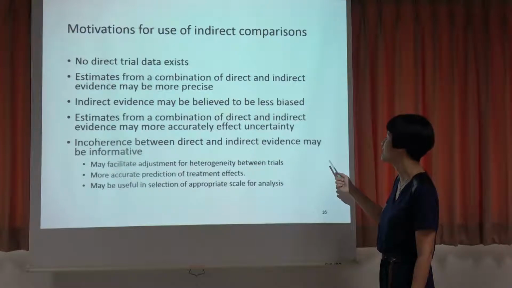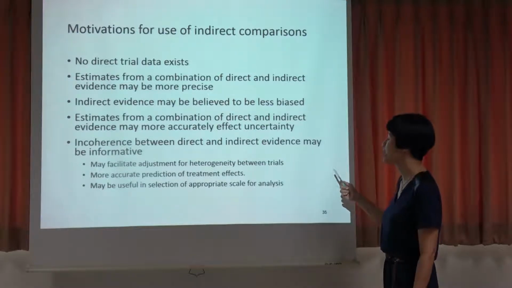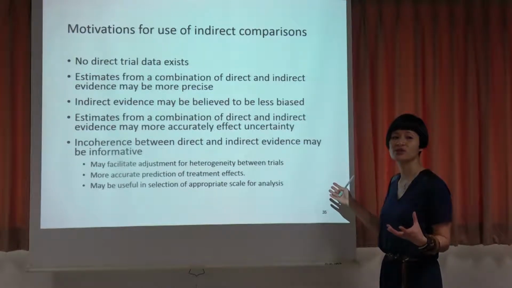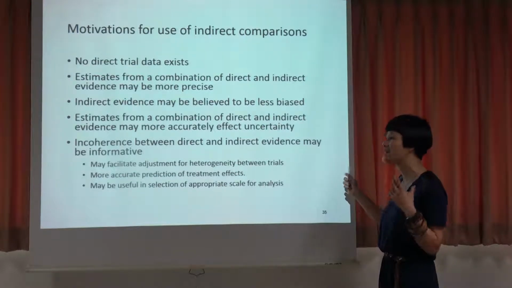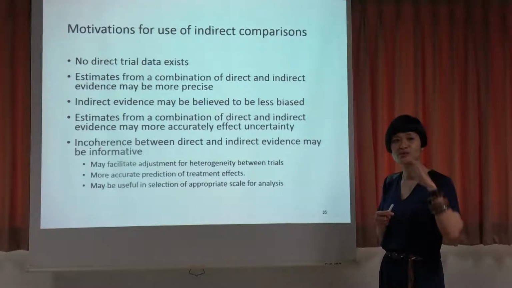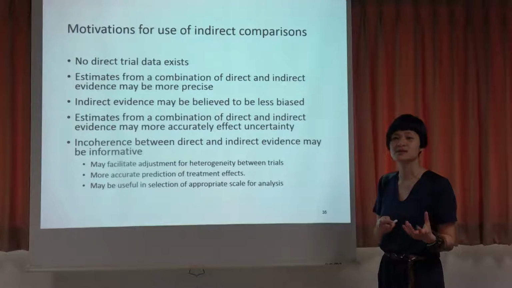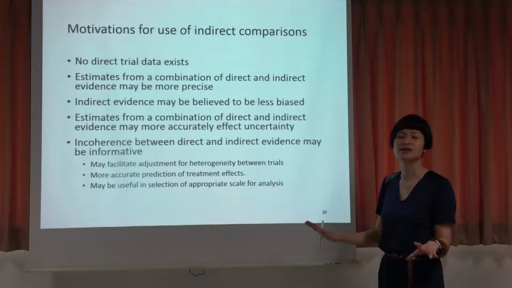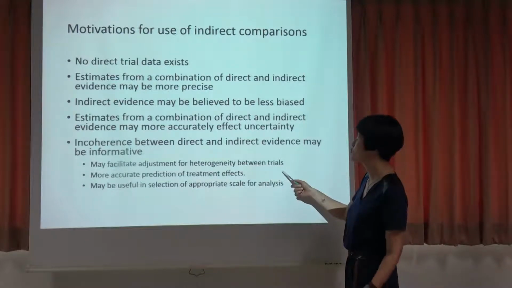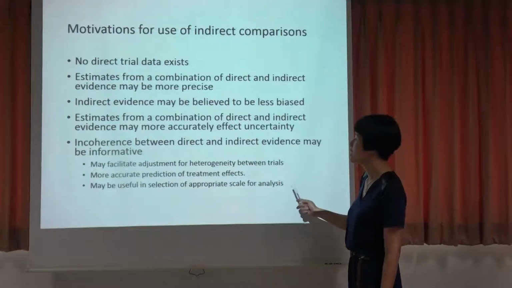Incoherence between direct and indirect evidence may actually be informative. So again, it's about thinking about heterogeneity, like we said last week. If your direct and indirect evidence is inconsistent, it's about exploring it, trying to understand why it's inconsistent, rather than just throwing out your analysis and saying we can't use it. So you might want to adjust for heterogeneity between trials.